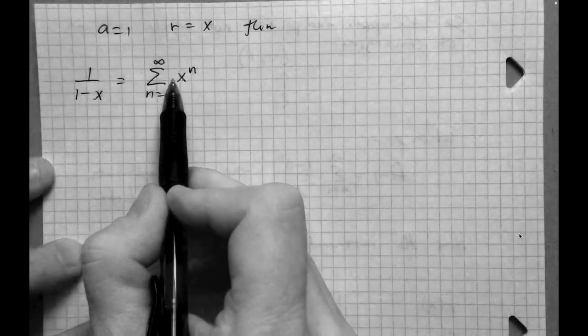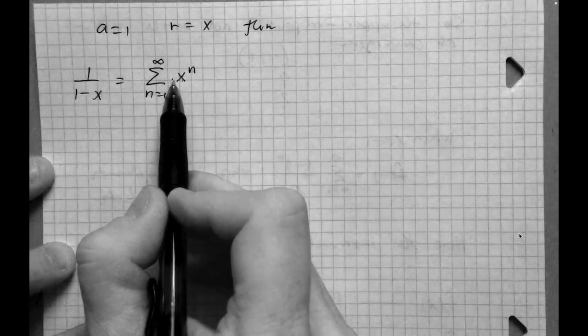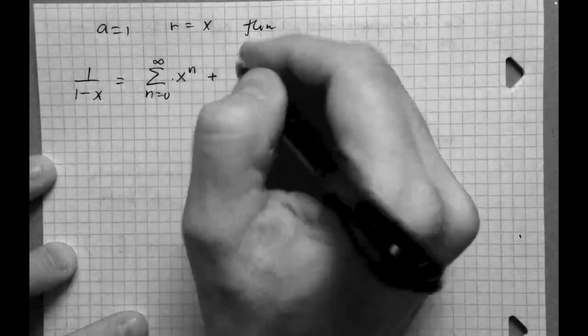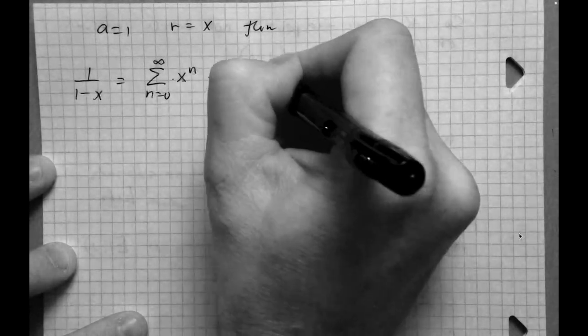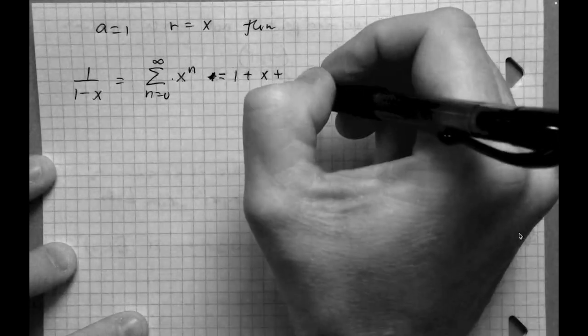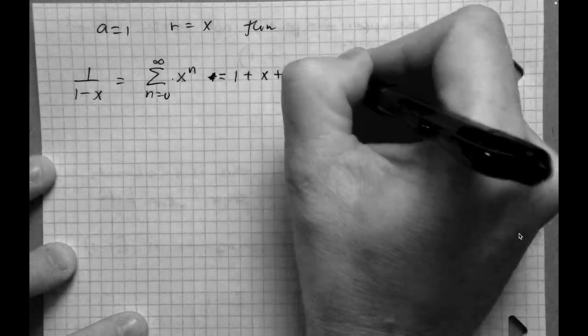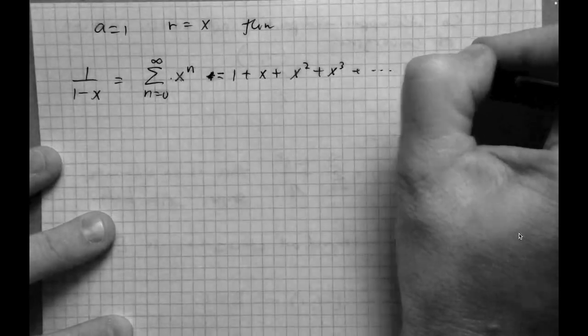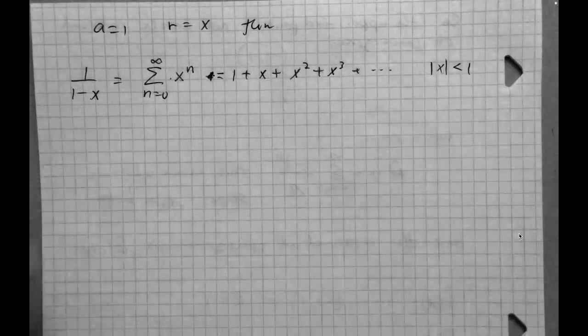So this would be like your r to the n, where a is 1 and r is x. This looks like 1 plus x plus x squared plus x cubed plus dot dot dot. And this is of course only where x is less than 1 in absolute value.